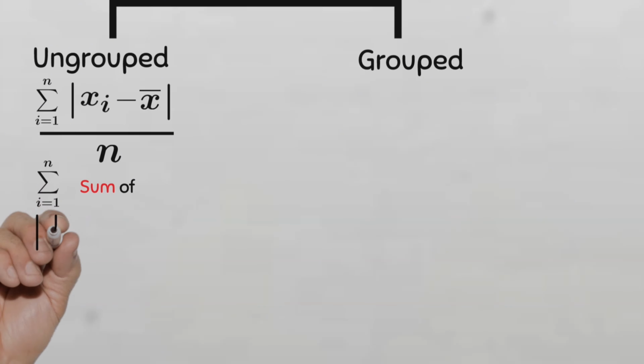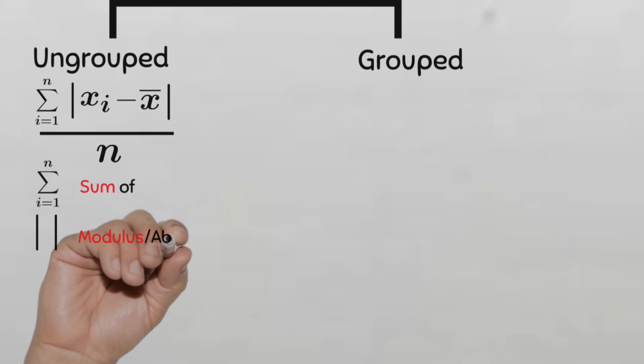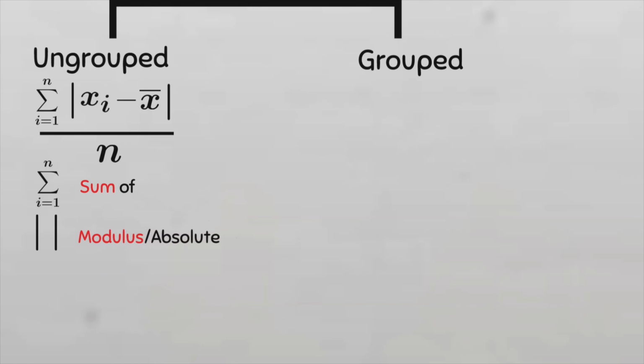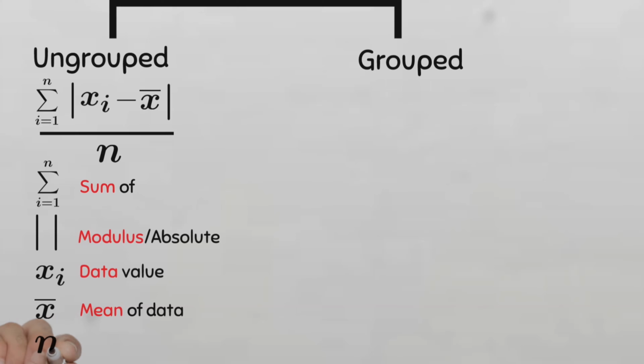The double lines here are the symbol for absolute values, and this is called modulus. It allows us to take the absolute values of anything between these lines. So the absolute differences between each data value, denoted as x subscript i, and the mean, denoted as x bar. Lowercase n here represents the total number of values.